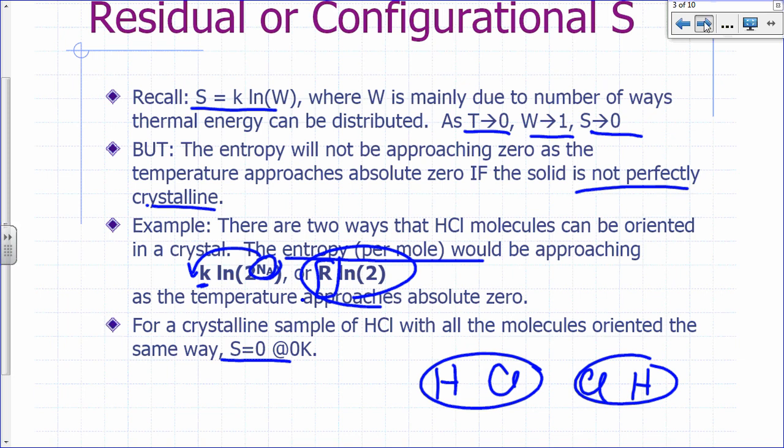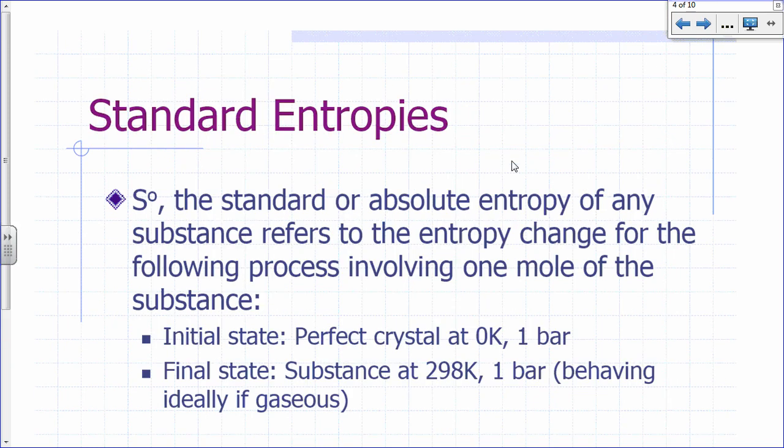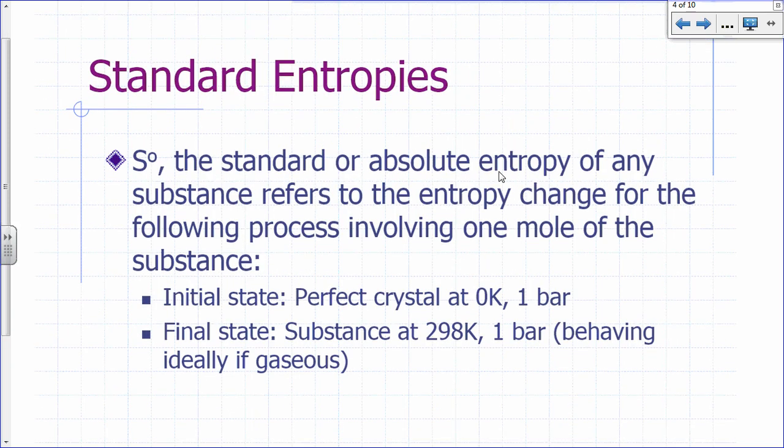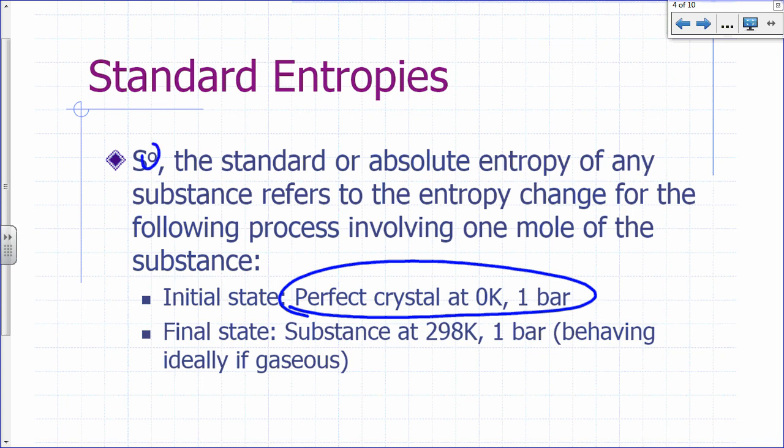So you can make corrections for those, so that you can get what we call standard entropy. Standard entropy is the absolute entropy of any substance, and refers to the entropy change where you start off. Imagine you have your substance as a perfect crystal at 0 Kelvin at 1 bar pressure. Standard here means 1 bar pressure.